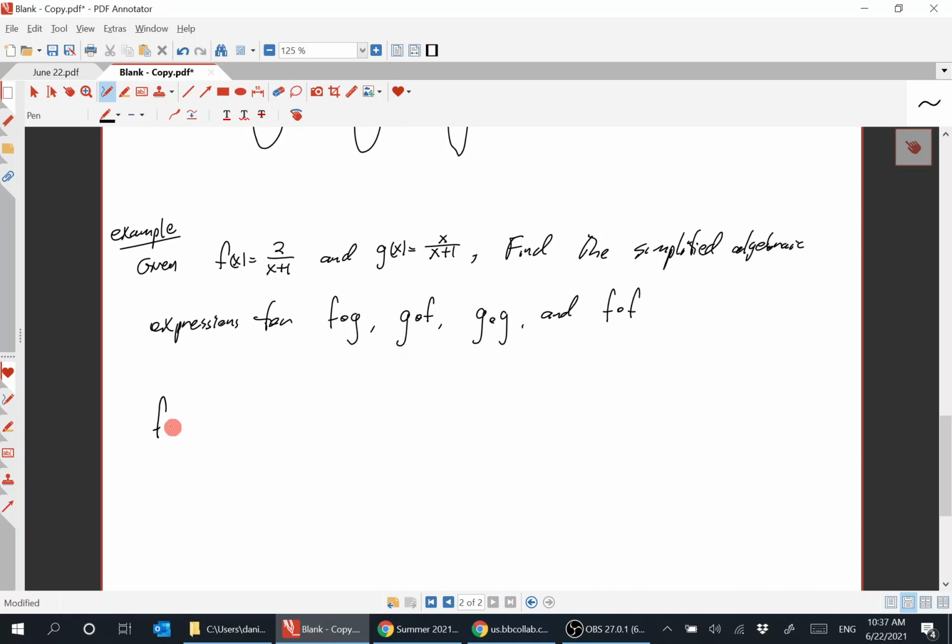So, f following g of x. By definition, this is f of g of x. So let's evaluate inside out. What is g of x? It's x over x plus 1. What is f of x?